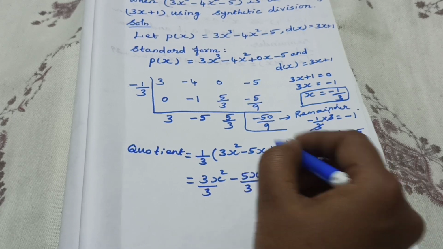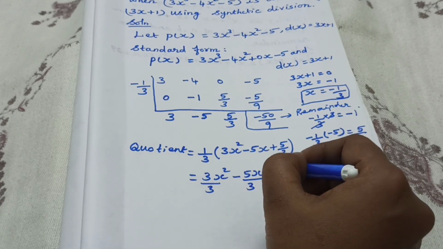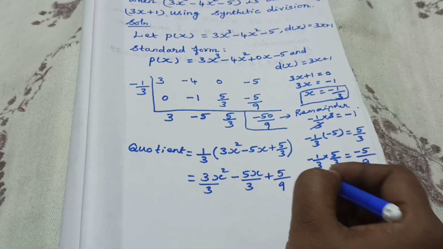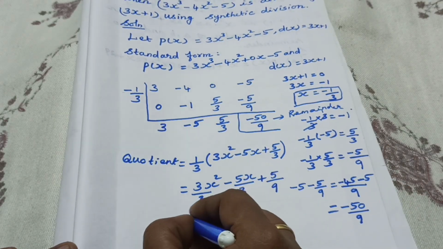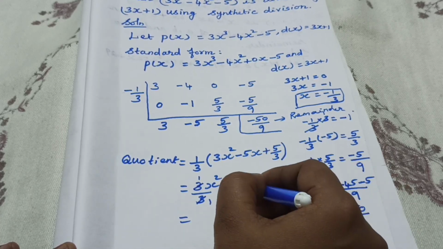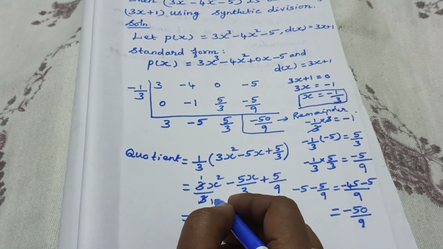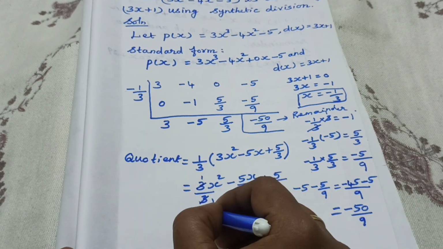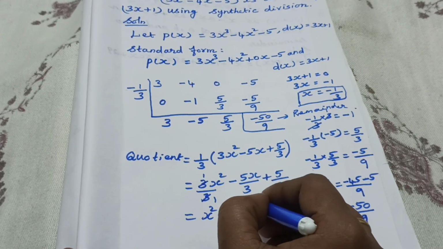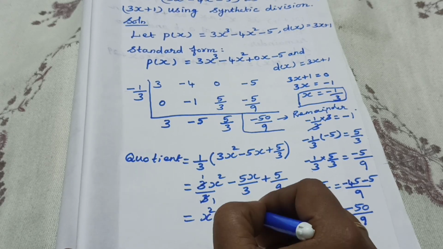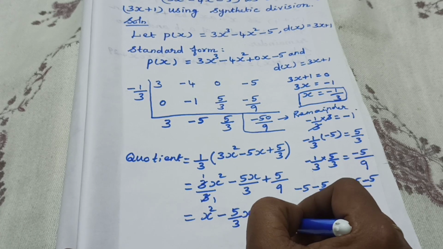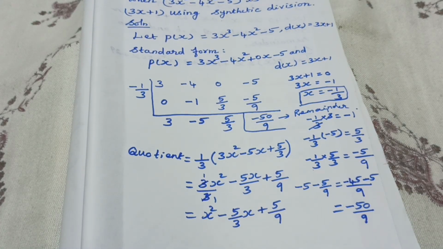Then plus 1 into 5 is 5 divided by 3 threes are 9. Correct? Shall we cancel this one? 1 three is 3, then here 1. And this one we cannot cancel. Am I correct? Then what's the answer? Here x square minus 5 divided by 3 x, plus 5 by 9. This is the quotient. Am I correct?